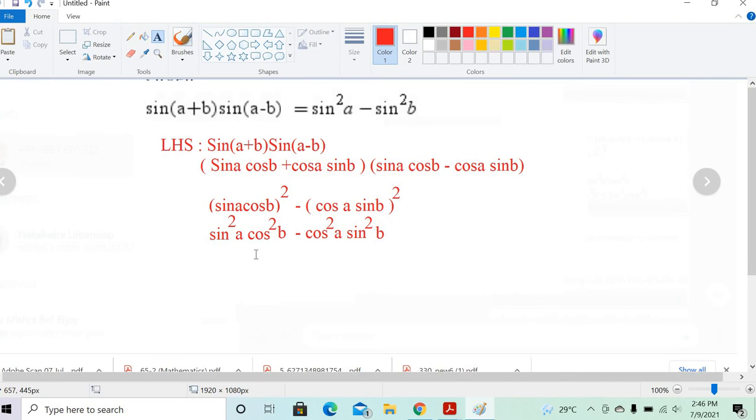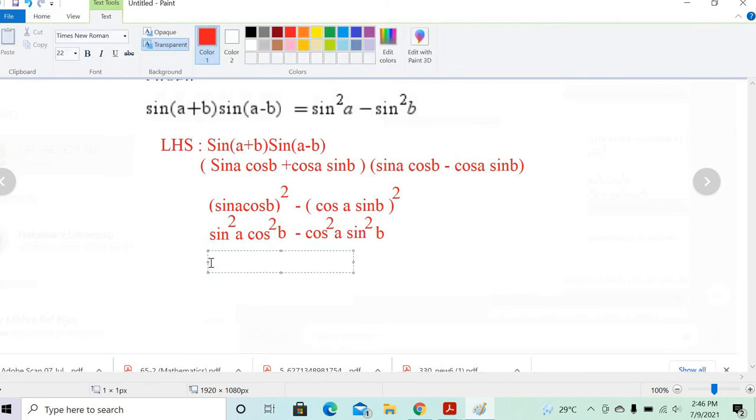Now we need to put everything in terms of sine. So let's put the cos square b in terms of sin square b.